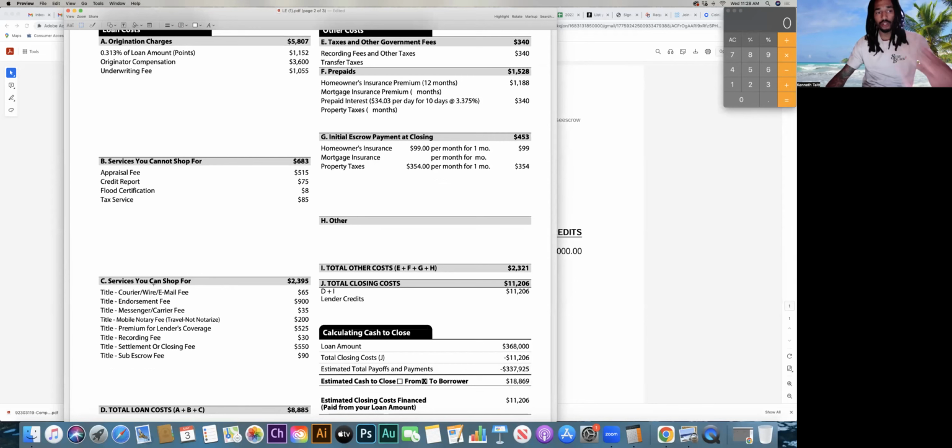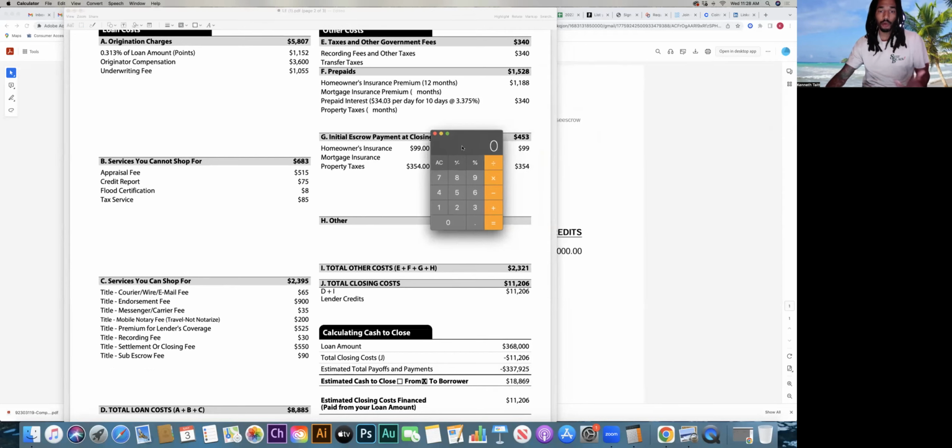But when you have origination costs or discount points, that's where your loan fees go up. So let's just look at it. If we have the underwriting fee, which is likely always going to be there in some way, shape, or form, plus this right here, $683, plus $2,395.